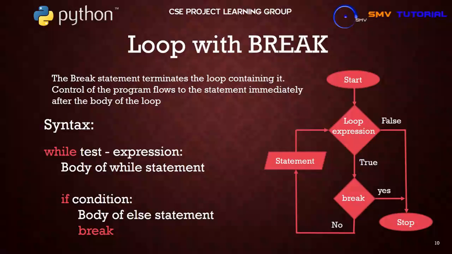While the test expression is true, the body of the while statement is executed, and next it checks the if condition. If this is true, the body of the if statement is executed. Finally, there is break. When this break keyword is reached and the condition is true, the loop stops immediately. This is how the break statement works.